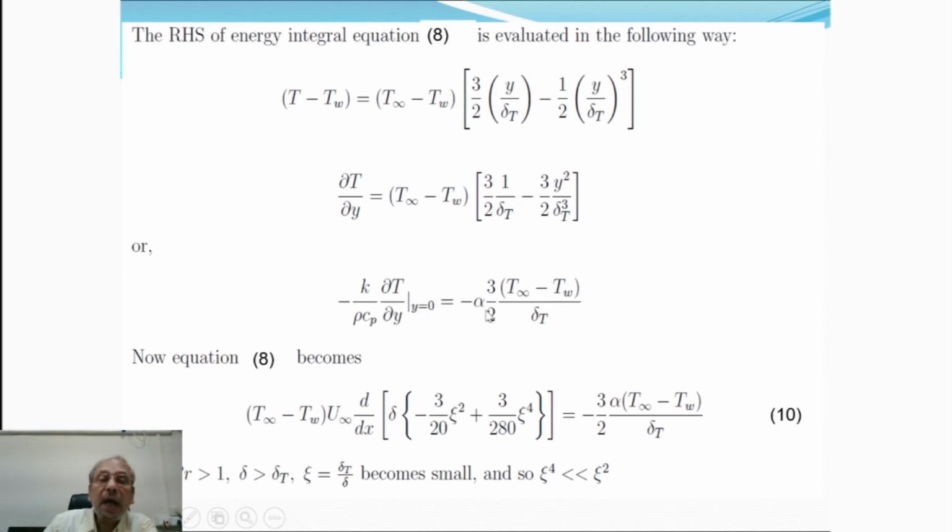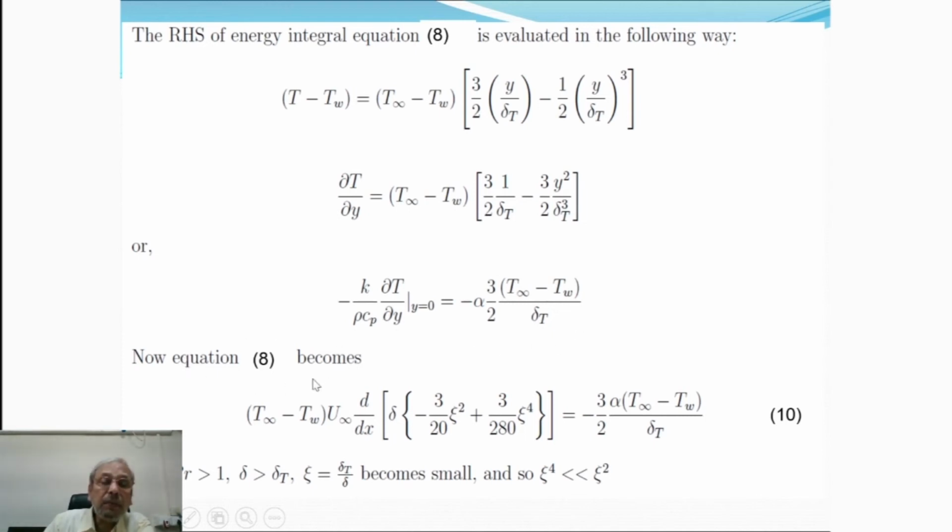We get it as minus alpha, the thermal diffusivity, times 3 by 2 (T infinity minus TW) by delta t. So basically at y equal to 0 this term is knocked out, and we get this expression for the right hand side term.